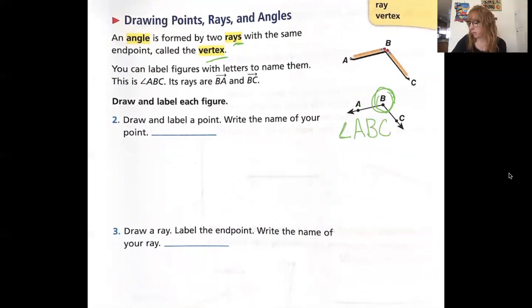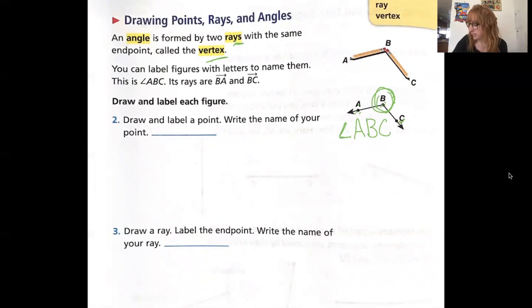And when we name an angle, we always want to use each letter exactly once. We don't want to use A, B, and A, because then that gets confusing about which line segment we're talking about.